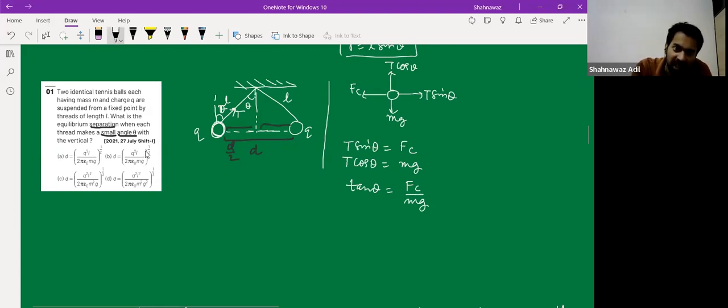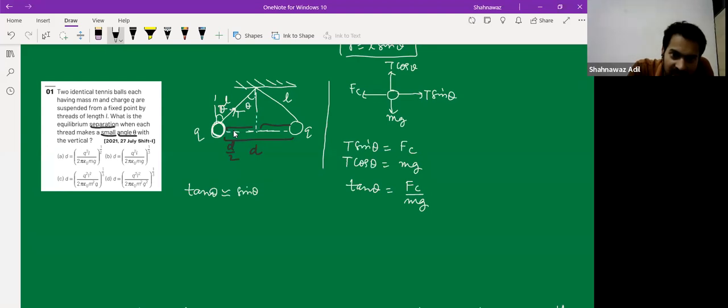So tan theta, and again recall, angle is very small, right? So for small angle, tan theta is nearly equal to sine theta, which is theta. So sine theta would be how much?